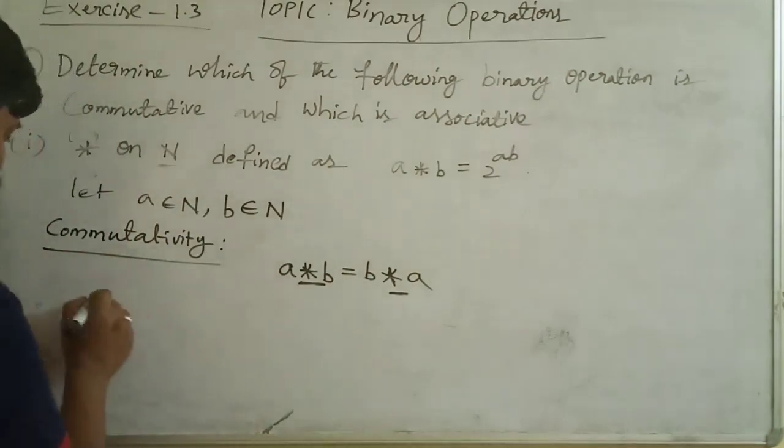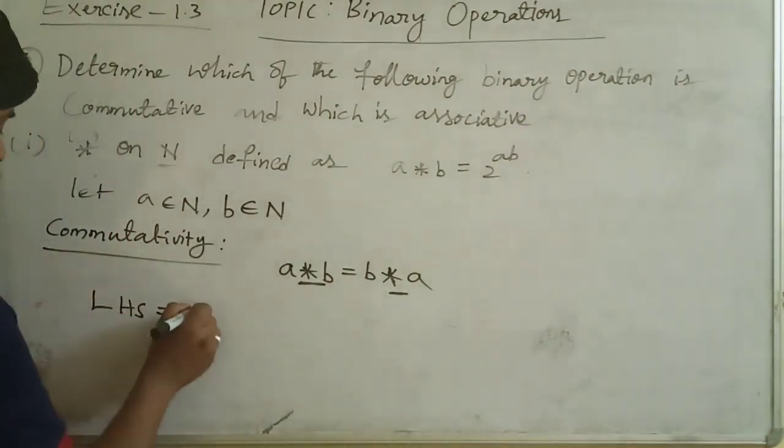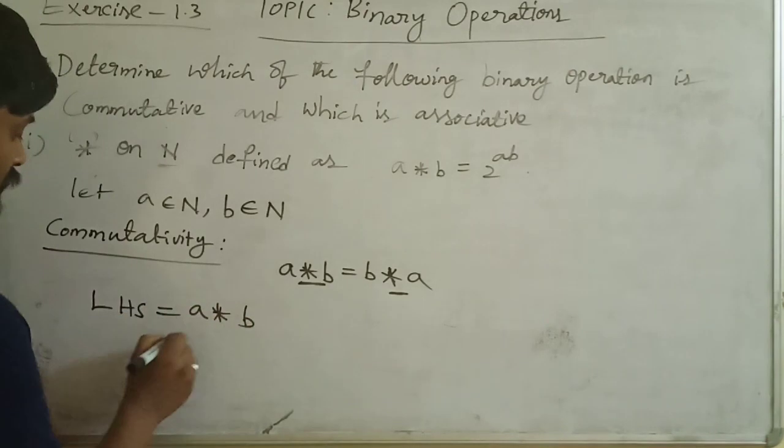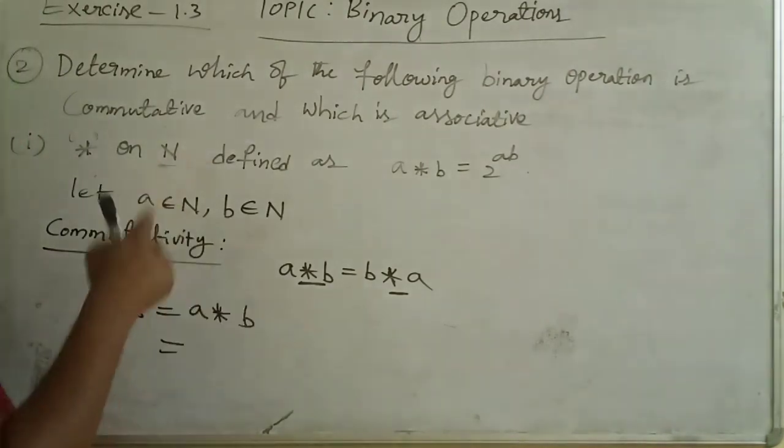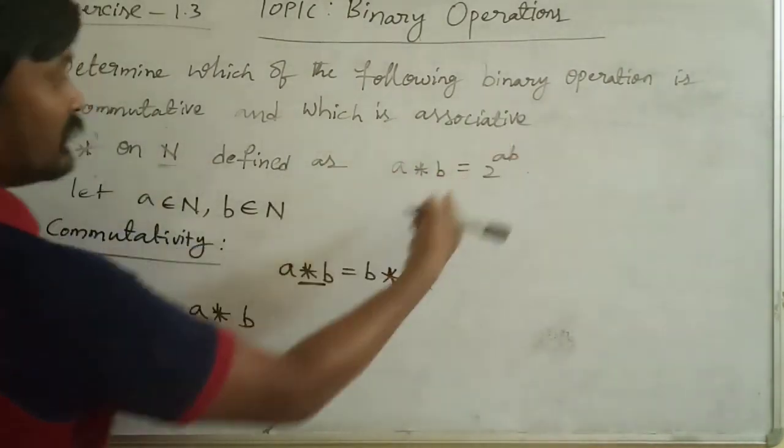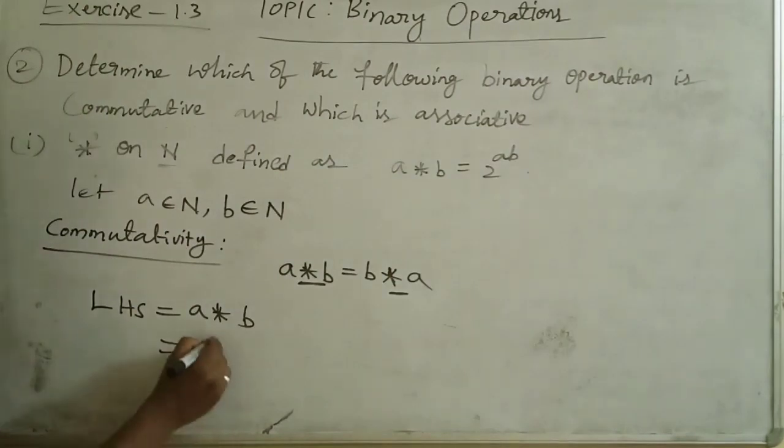So let me take the LHS, that is A star B. A star B means 2 power AB.